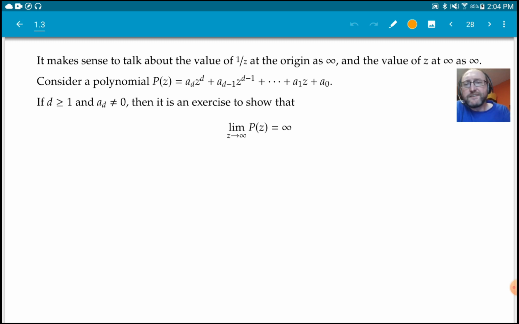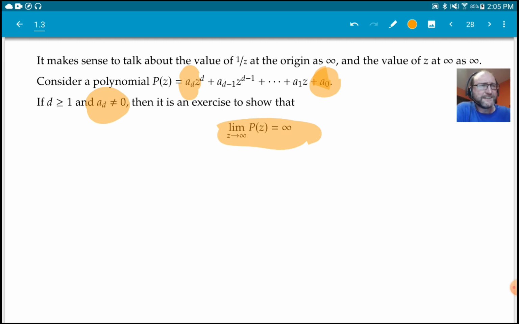If d is not 0, so we don't have just a constant polynomial, and we also want this to really be the degree of the polynomial, so we don't want the leading coefficient to be 0, then it's an exercise to show that as z goes to infinity, p of z also goes to infinity.